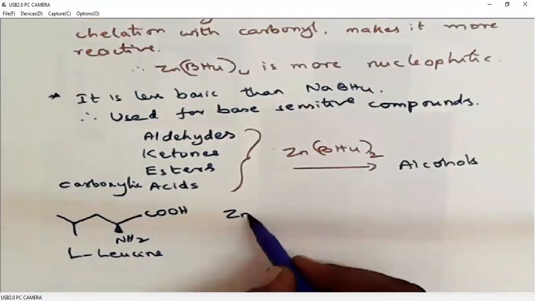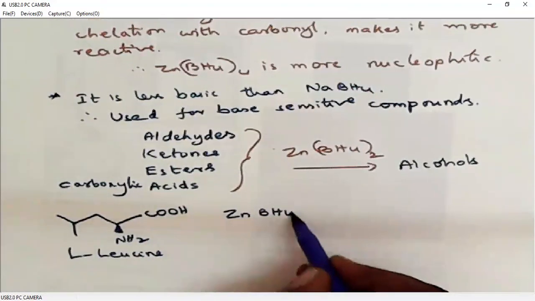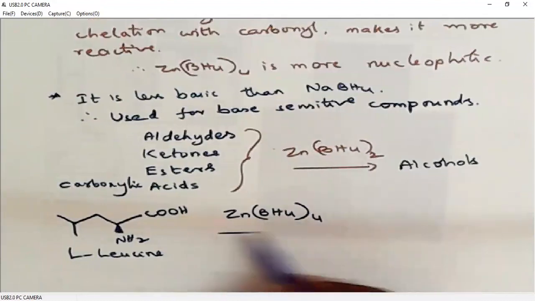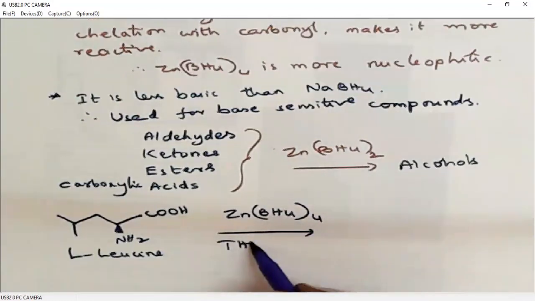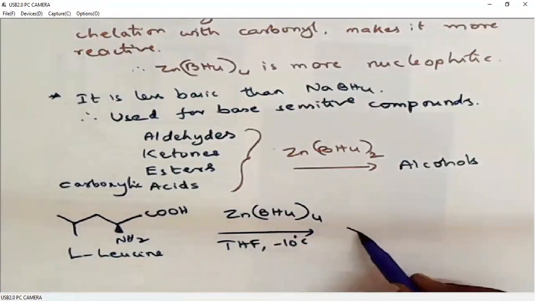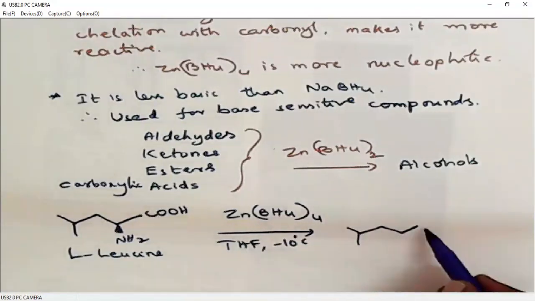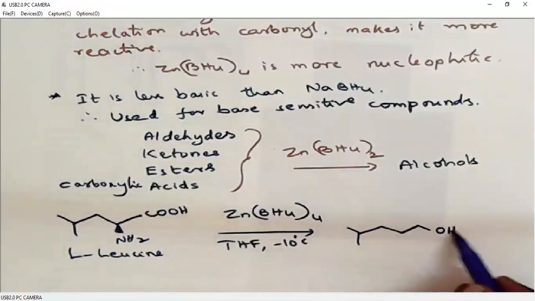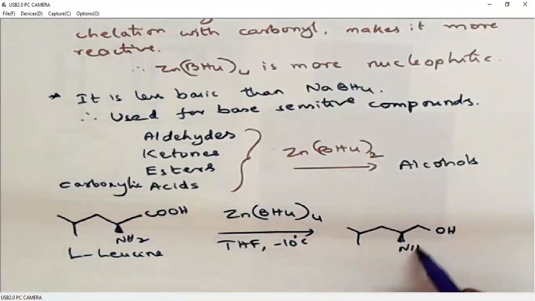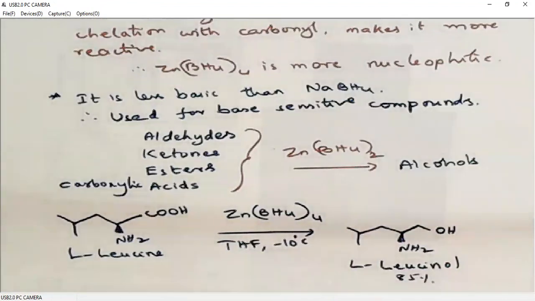When we reduce this L-leucine with zinc borohydride, in THF at minus 10 degrees centigrade, what we will get is an alcohol. This is called L-leucinol. Here we will get almost 85% yield.